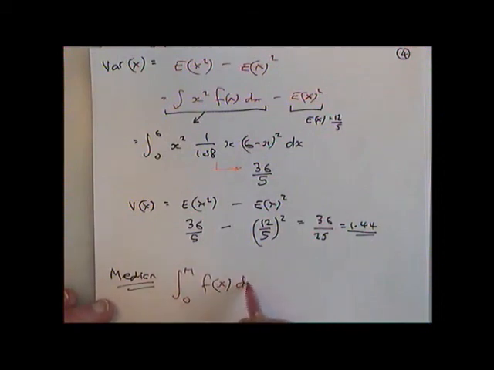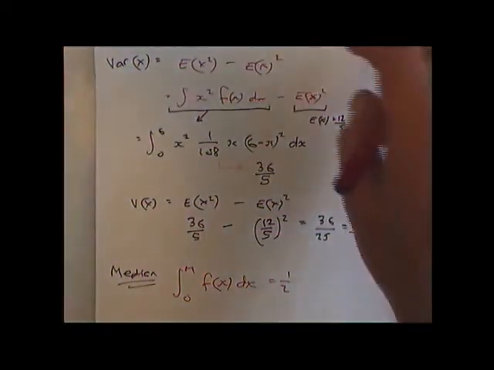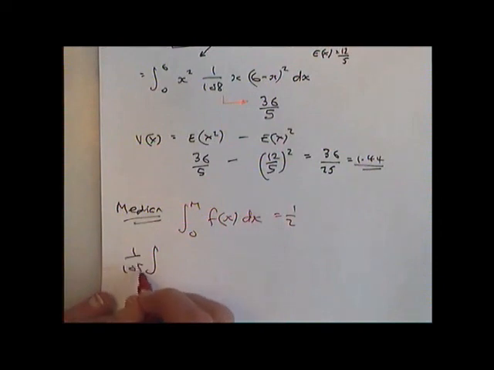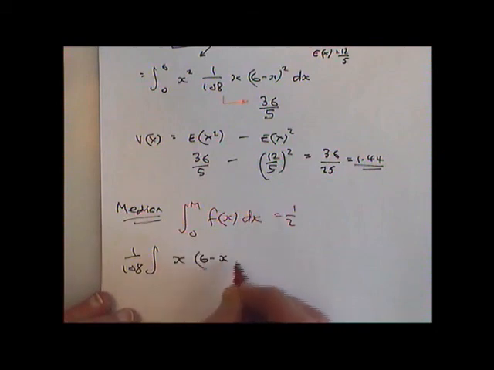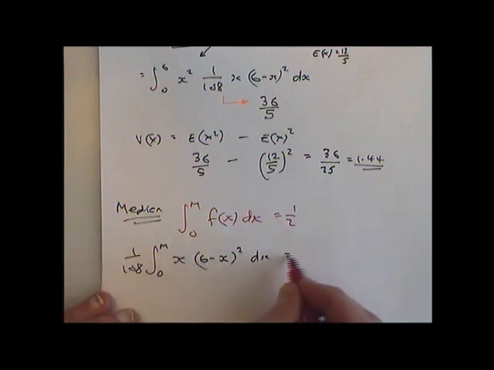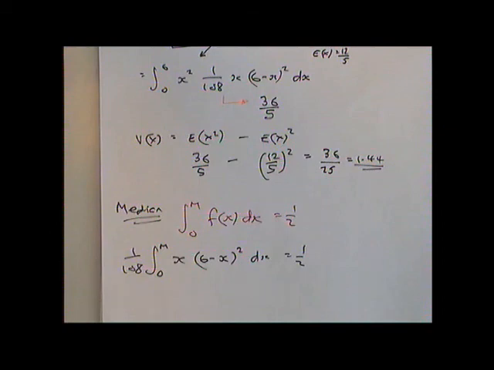Integrate our function between its lower limit and m, which is what we've got to find out, and set the answer to be a half. You can't do this on your calculators, can you? Nope. Got to do this properly.